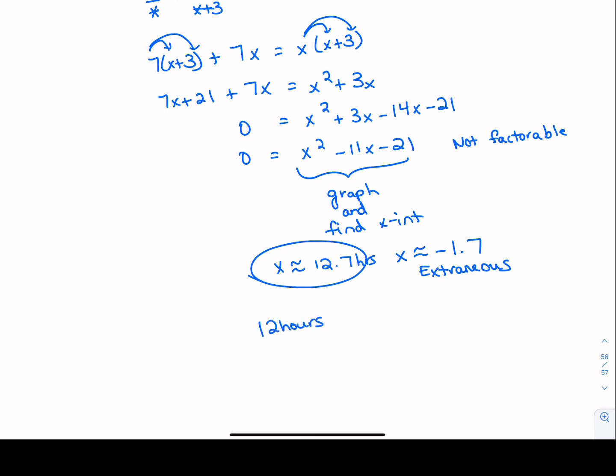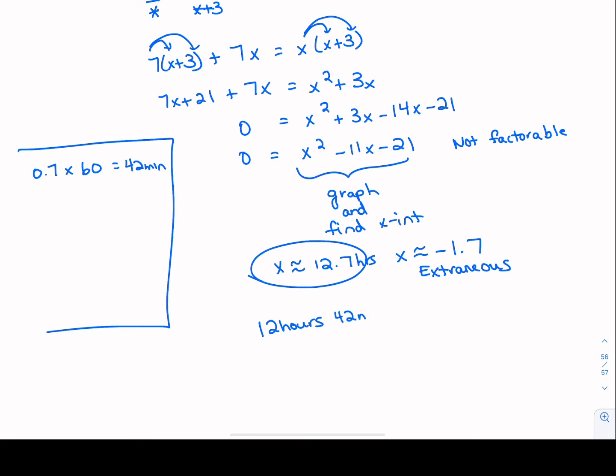And if you take, over in the margin here, we'll carve this out, 0.7 hours and multiply that by 60 minutes, you get 42 minutes. So 12 hours and 42 minutes would be the total time it takes Carissa in order to mark those tests. And we know for Wayne, it's going to take 3 hours longer than that. So we can say 12 plus 3 more hours is going to be a total of 15 hours.